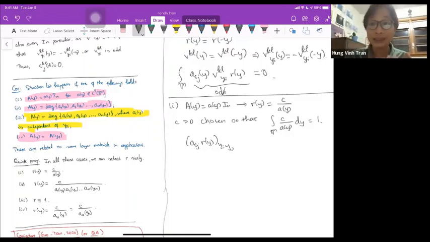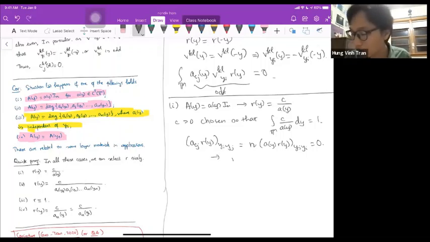Everything is 0 except the diagonal term, and on the diagonal everything is the same, so it's n times a(y) R(y) y_i equals 0. So obviously, it suggests that we choose R(y) to be C over a(y). Okay, beautiful.